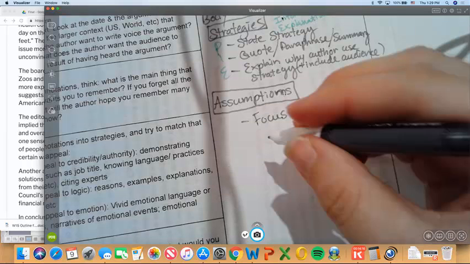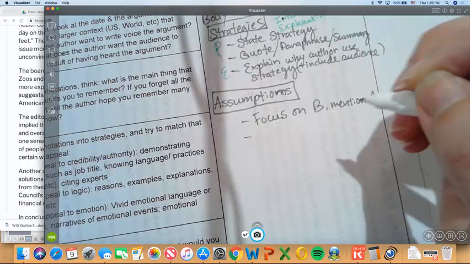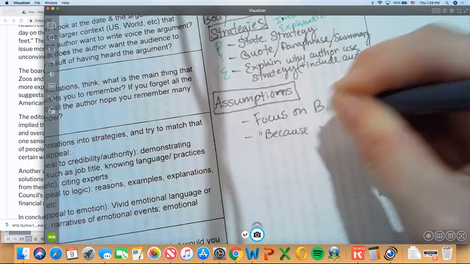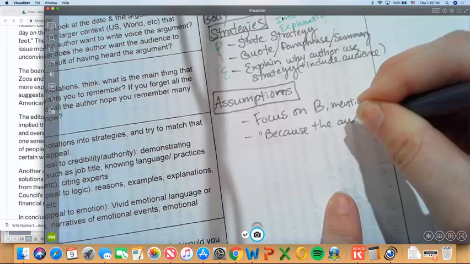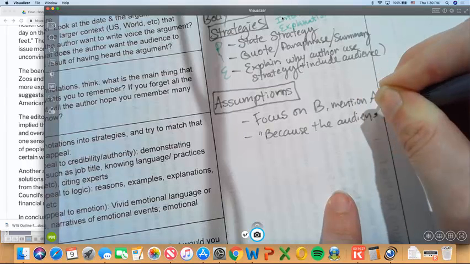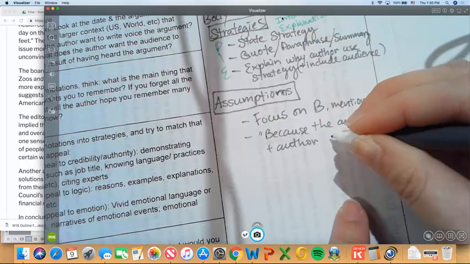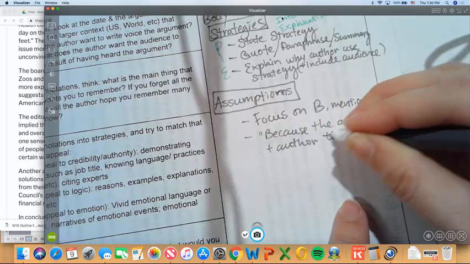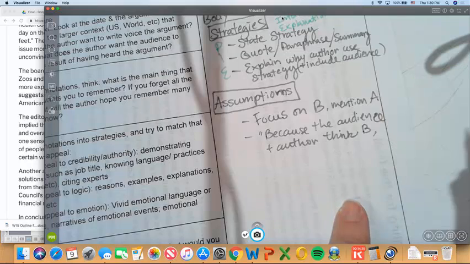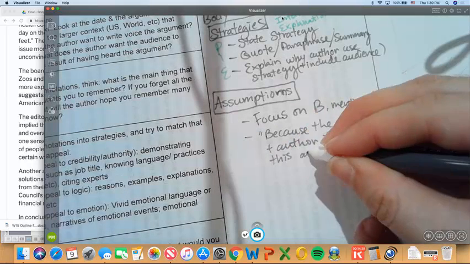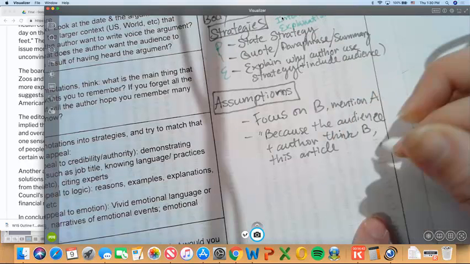So something like: because the audience and author think, this article neglects to.